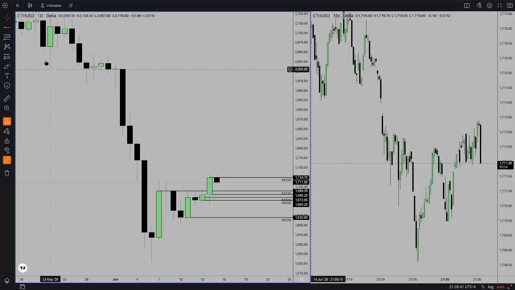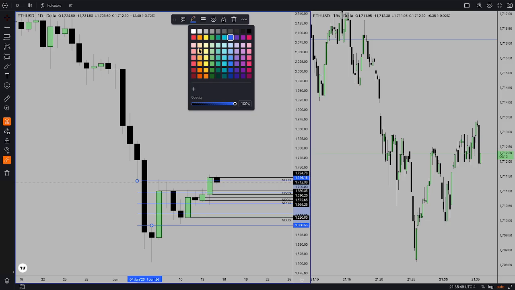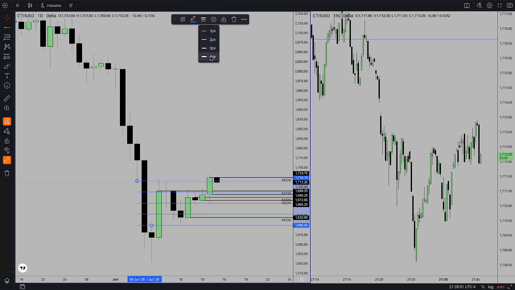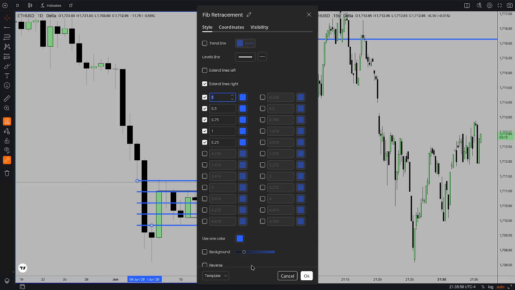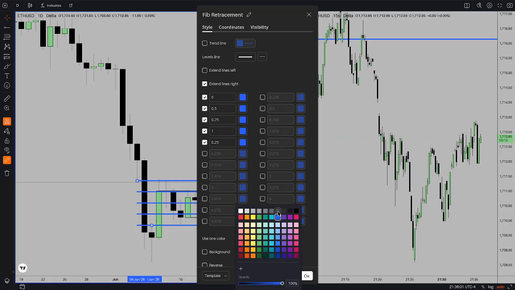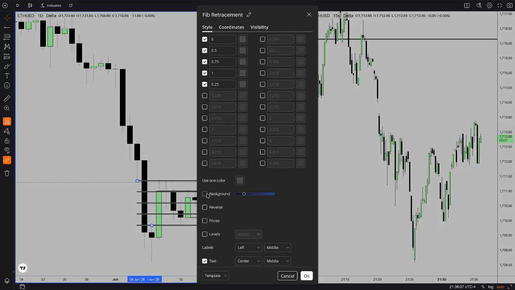Yeah, and now let's mark down that BISI. I should make it more thick, and I have to distinguish that from the other PD arrays. Maybe it could be this gray color one, and if I can have a little background on it.